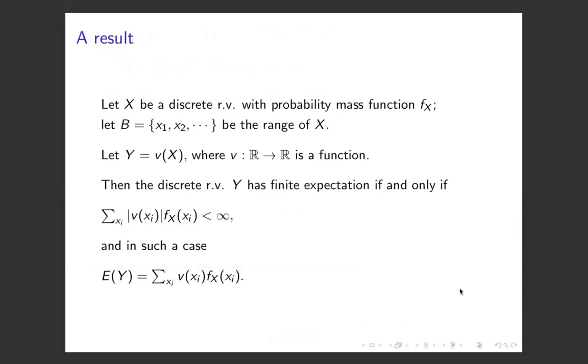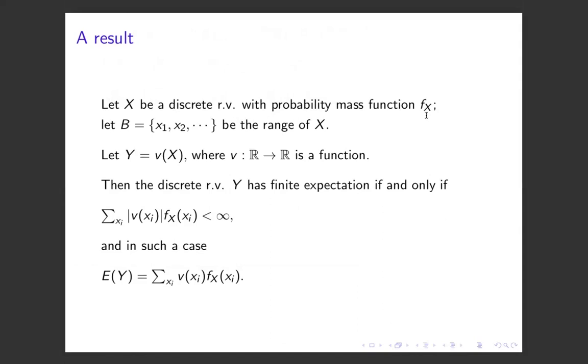Yeah, a small proposition. Again, you would have seen its proof even. We will go through its proof also soon. Let X be a discrete random variable with probability mass function f sub capital X. Because we will be dealing with more than one random variable, it is better to denote the dependence: little f depends on the random variable.